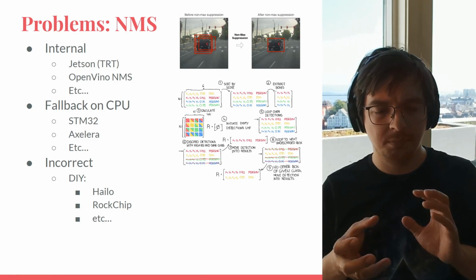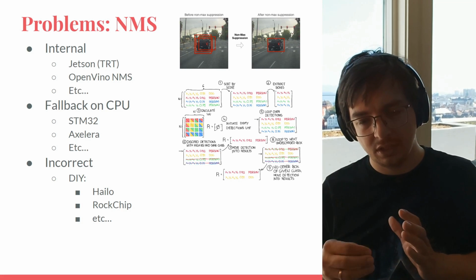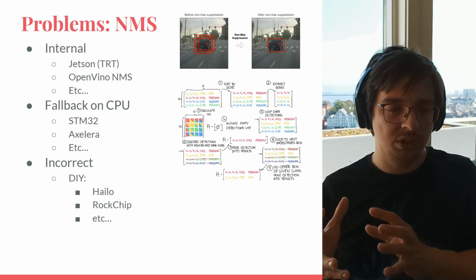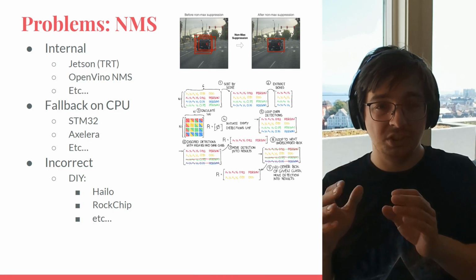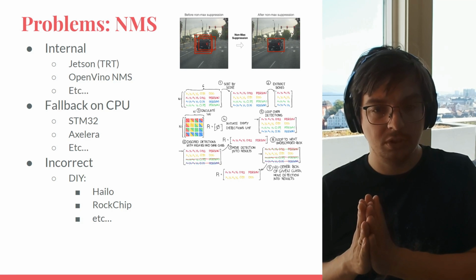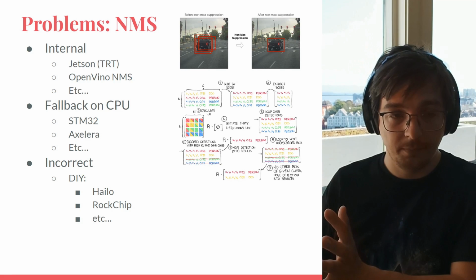Probably on some specific NPU you can, but in general, no, it's performed on some CPU or GPU. So usually you need to cut this part from your model and run it separately.